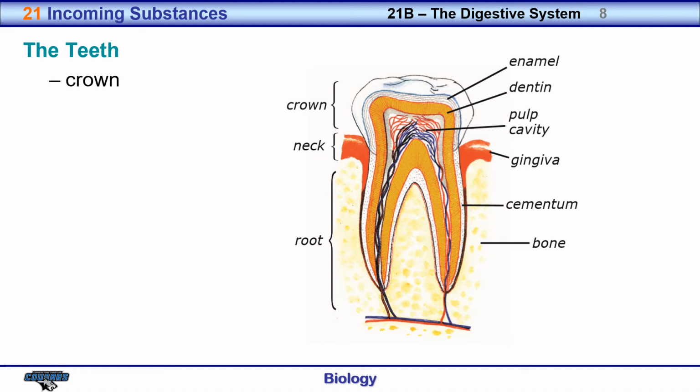Now the tooth is embedded into your jaw, and then you have the gums, and your gums are called the gingivae, and they cover the bone, and your teeth are connected with connective tissue that attaches each tooth into its socket.